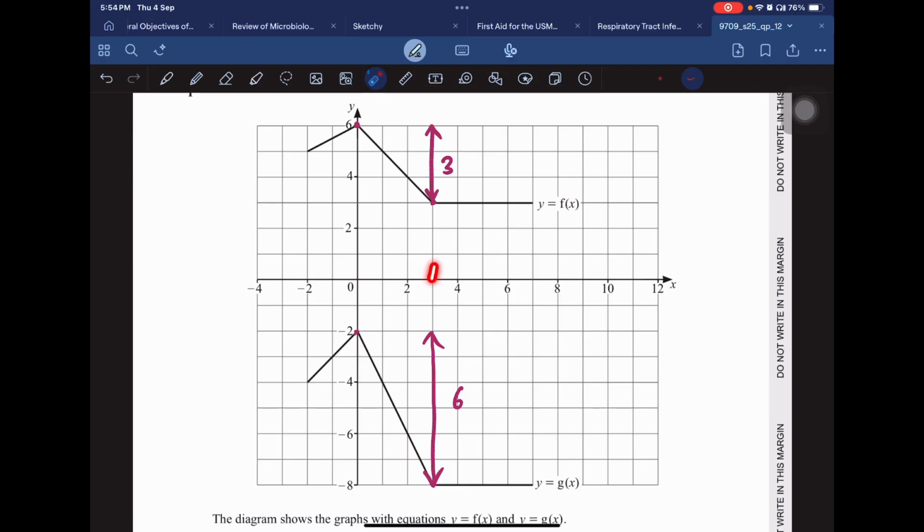So let's say that there is this point, the distance of this would double. So right now, let's say this point is 3 units from the x-axis. So after the transformation, this will go to 6 units. Same with this point, this will go to 6 units.